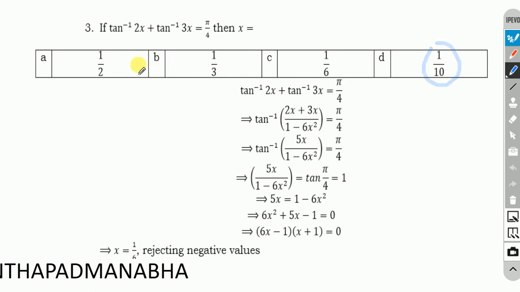Let us consider tan inverse of 2x plus tan inverse of 3x is equal to pi by 4, which is given.